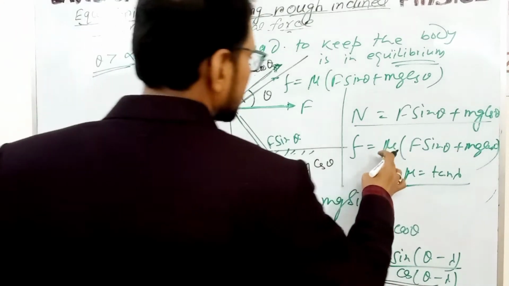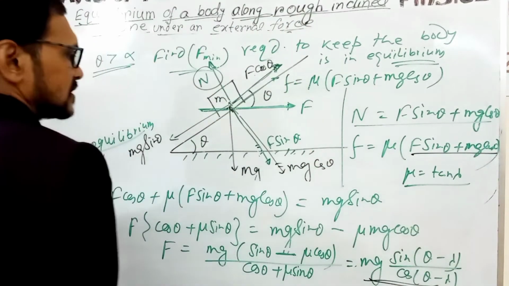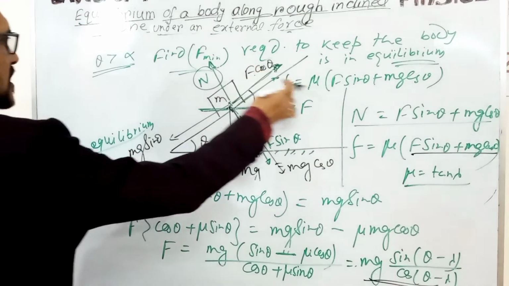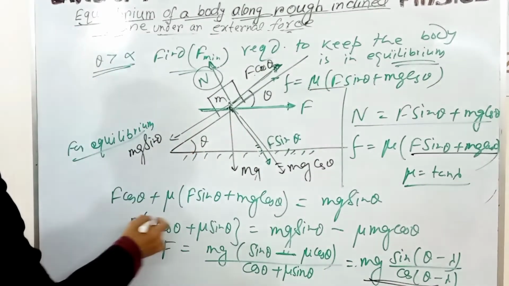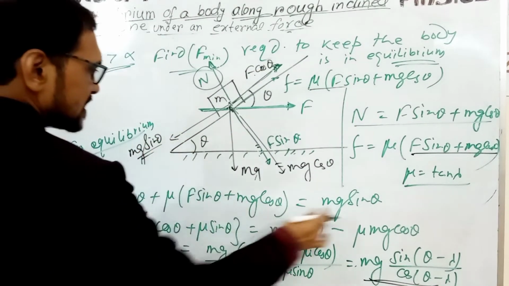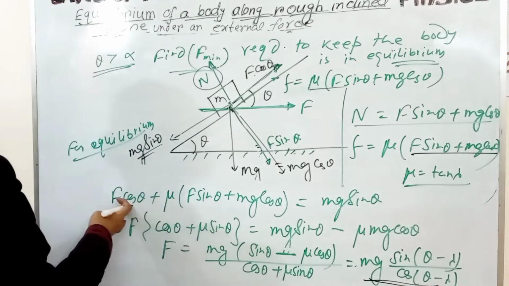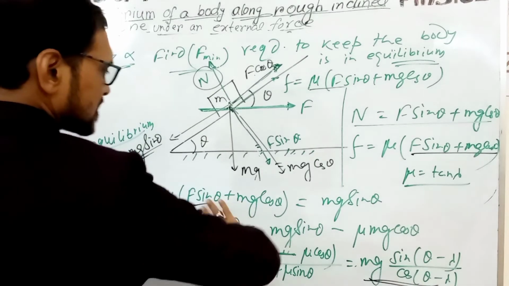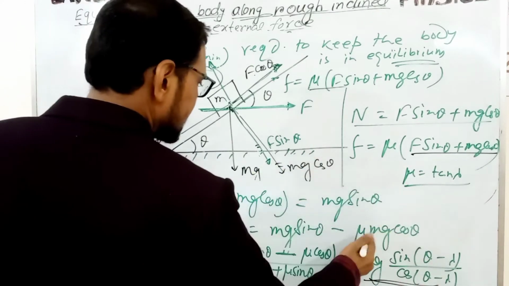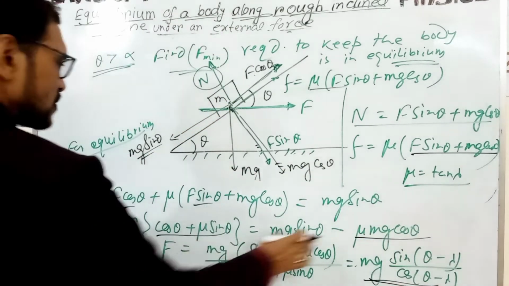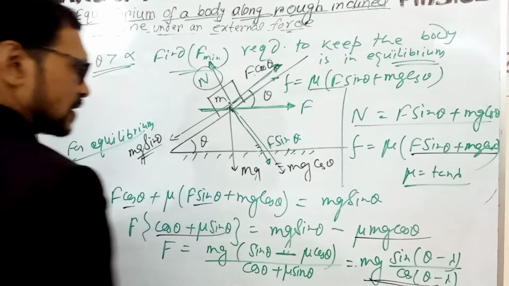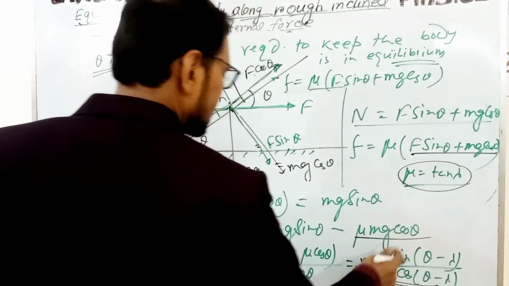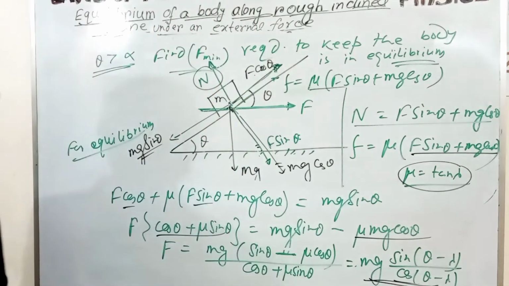Friction equal to mu into N. Now F cos theta plus friction balances mg sin theta. So if we take F common and shift mu mg cos theta to the right side, F equal to this by this. Now if we put mu equal to tan lambda here, we get this result.